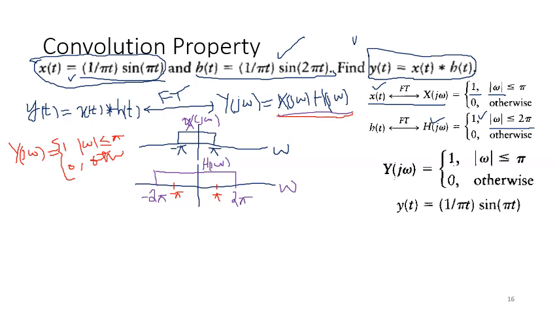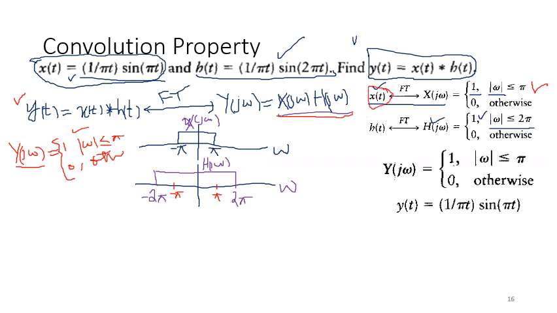That's your Y of j omega, but your target is not Y of j omega, your target is y of t. How to find y of t? That's quite straightforward: take the inverse Fourier transform of Y of j omega. Y of j omega is the same as X of j omega, so if I take the inverse, it will be exactly what x of t is.